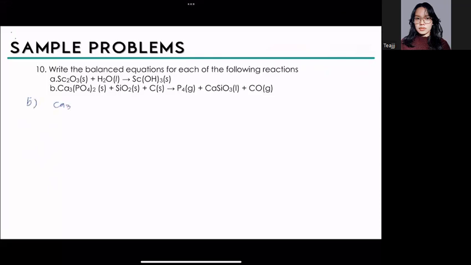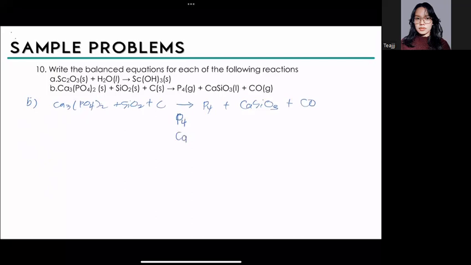That's calcium phosphate plus SiO2 plus carbon gives you P4 plus calcium silicate plus carbon monoxide. So that's, start na tayo ngayon sa P4 kasi sa P4 tayo sumabit kanina, di ba?